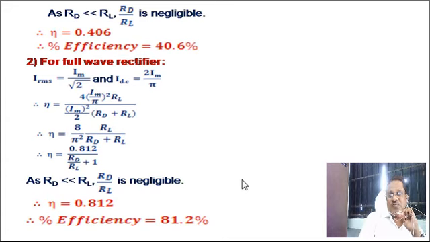And if we use the full wave rectifier circuit, only 81.2% of the input AC voltage is converted into DC. Means in full wave rectifier circuit, the output will contain 18.8% of the AC with the DC.